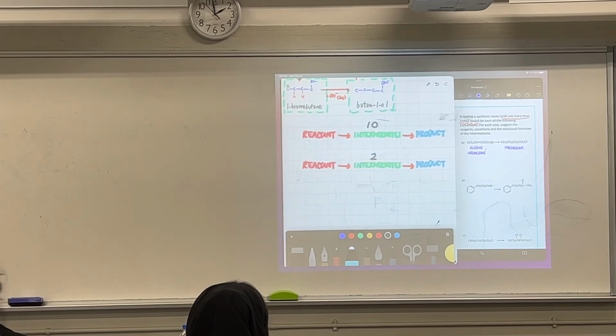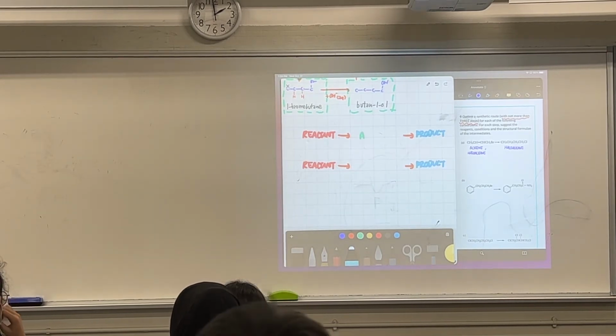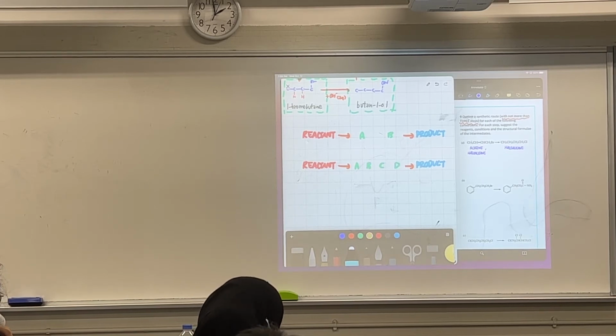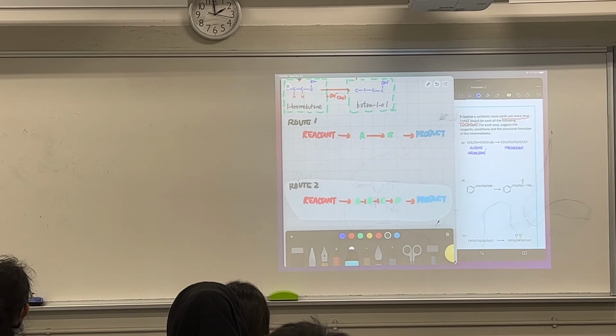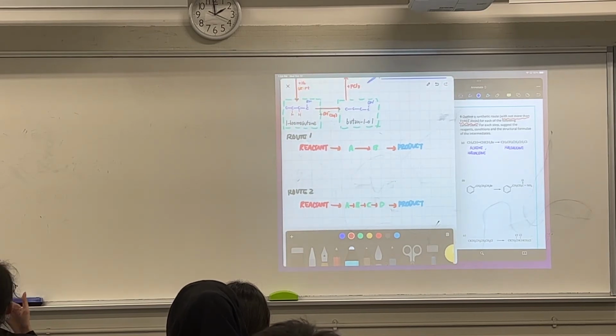Let me show you this example here. If I have 2 intermediates, let's say A and B, compared to when I have A, B, C, and D, 4 intermediates, what is wrong with preparing the product using the second route? You can say route 1, route 2. Let's take the ideal scenario. Let's assume that the percent yield of each step is 90%, which may sound like a lot, but can you try typing this on a calculator?